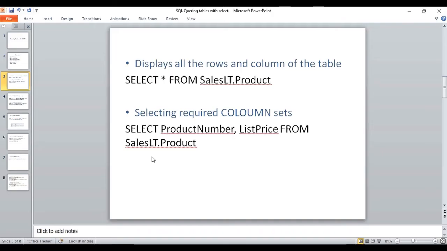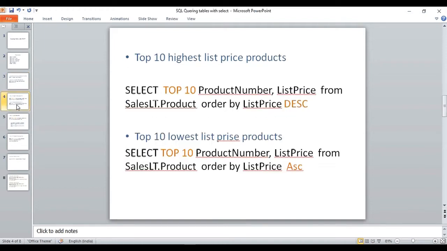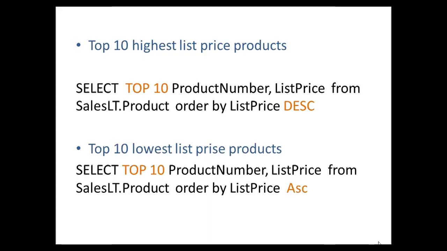Now let's move to the next, which is displaying top 10. Now this is a very logical expression. Select top 10 will basically display the 10 expected rows from our query.